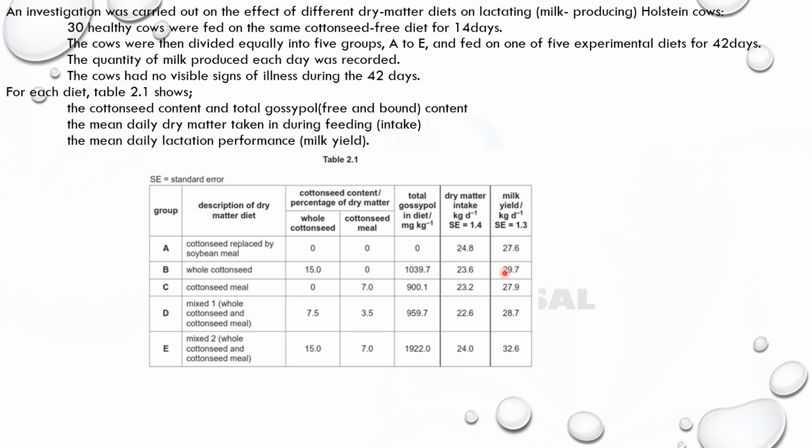Wow. Okay, followed by what again? D, and then C and A. So A doesn't have any whole seed, doesn't have gossypol in it. These guys have gossypol, and they even did better than the one that didn't have gossypol, right?